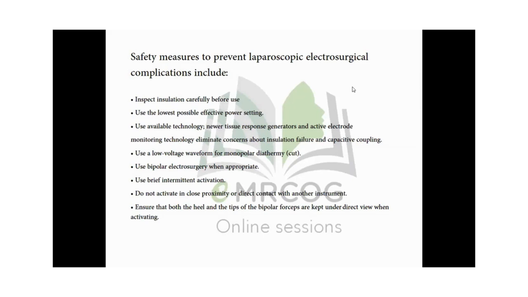If you can use any new technology that can detect the failures, of course you should use it. If you need to choose between monopolar and bipolar diathermy, bipolar is better in many things, but it's not going to give us the cutting effect. So with monopolar diathermy, especially in cutting, try to use the lowest voltage possible.